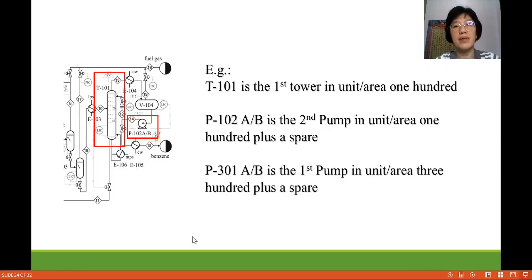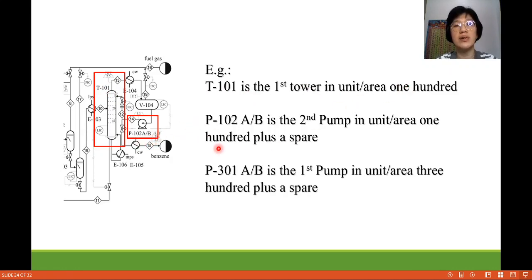So the example over here I have actually extracted from the previous PFD. We have a T101. T is for tower. T101 meaning that this is the first tower in the area of 100. We have a P102 A/B.